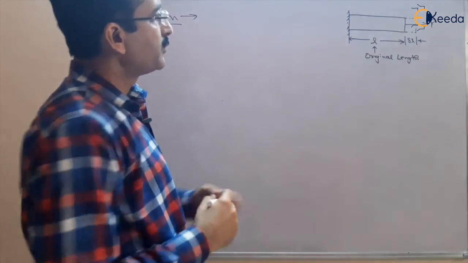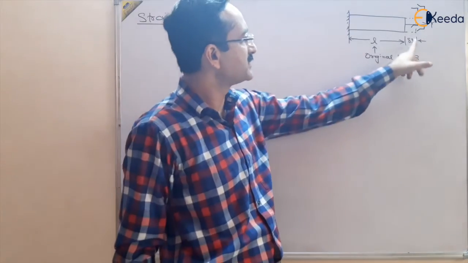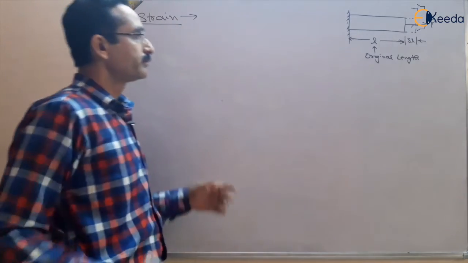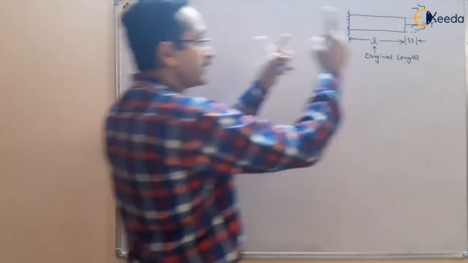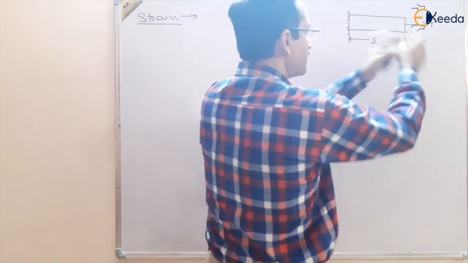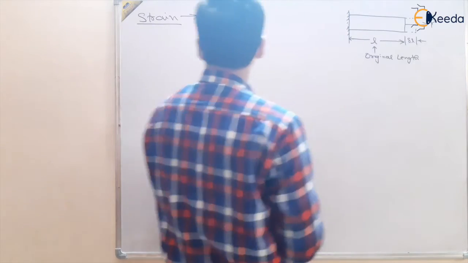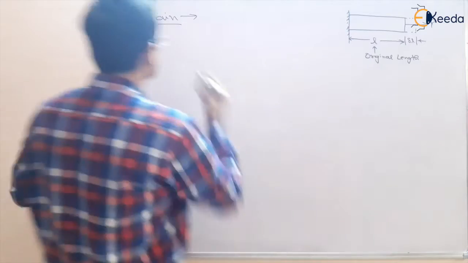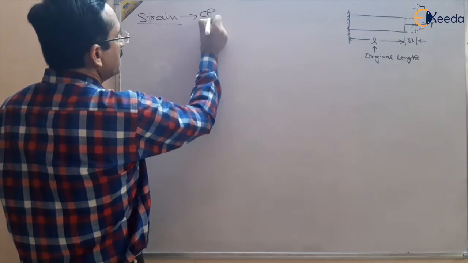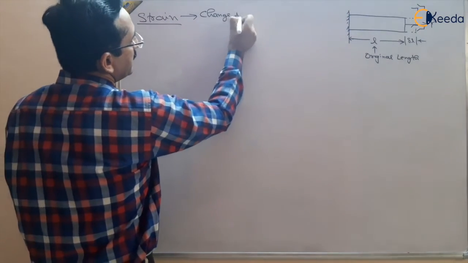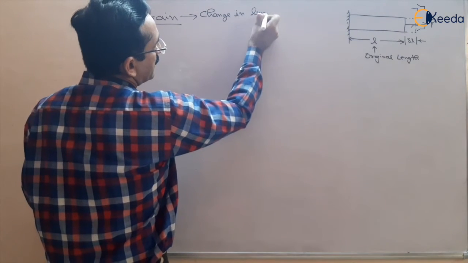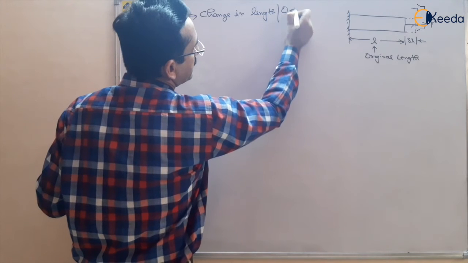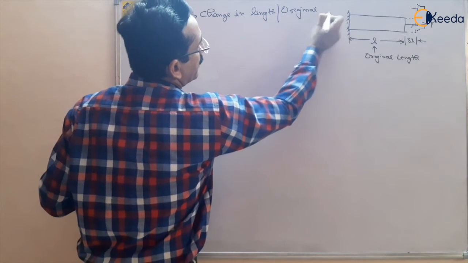So original length of the body was L, and there is some change in length of the body, delta L. So to this original length, there is some deflection in the material. Strain is defined as the change in length per unit original length.